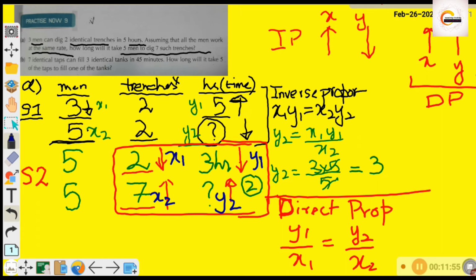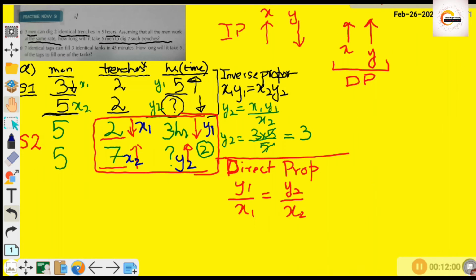So what is going to be the value of y2? y2, just cross multiplying to keep unknown value on one side and the known value on the other side of is equal to, so y1 into x2 upon x1.